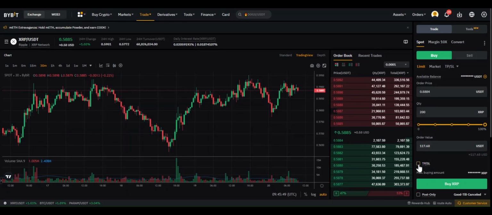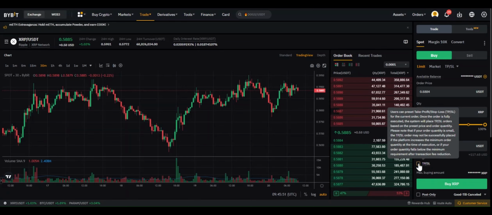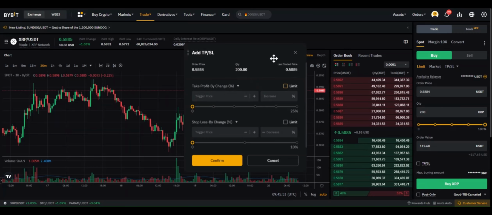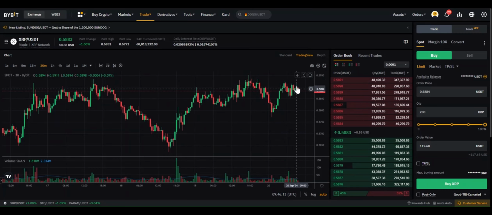So I would just set my take profit to whatever price I wanted, set my stop loss to whatever price I wanted. A take profit is the point where you want to exit the market in profit, and a stop loss is the point where you want to exit the market in loss, right? So let's say you didn't want to stay in the market beyond this price, 0.5770.